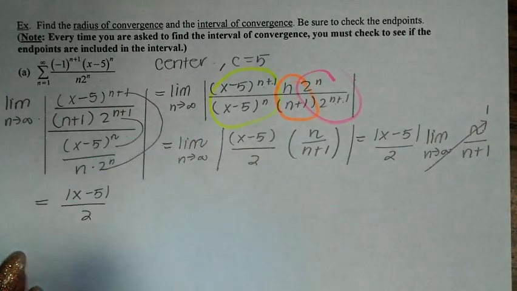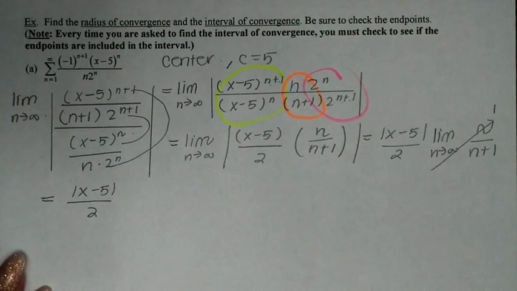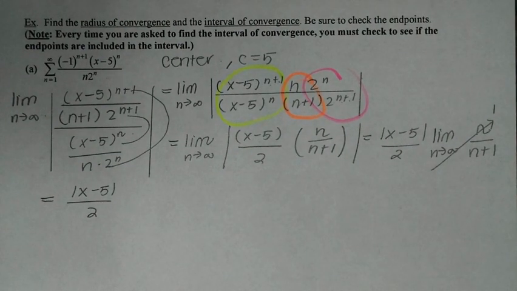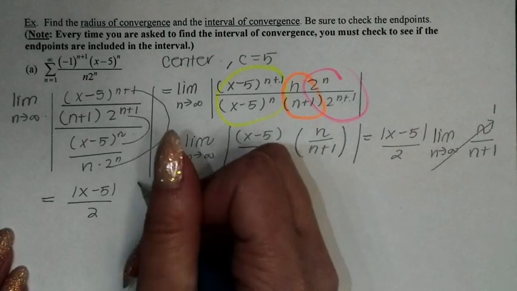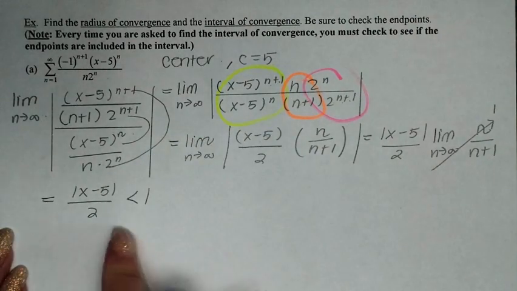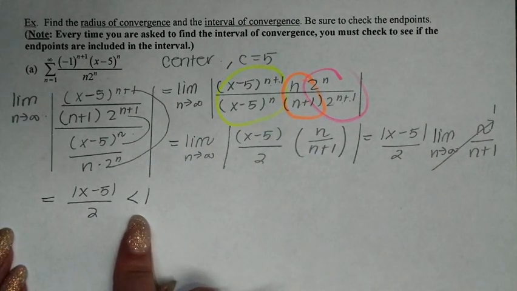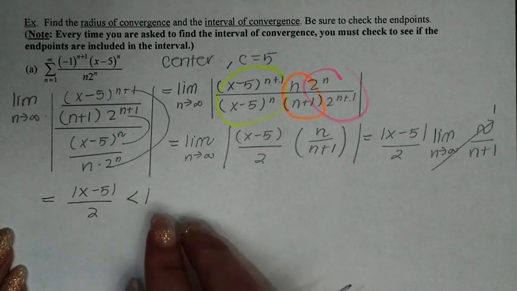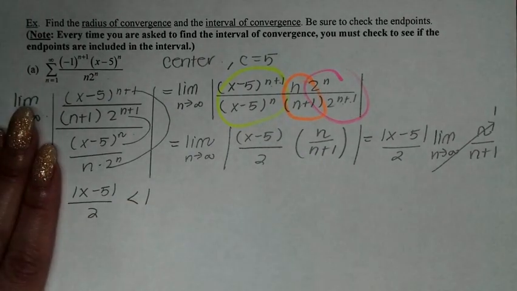So you have this expression, but then you're like, now what should I do? Well, remember, what did we apply? The ratio test. We want to apply it because we want to know when this power series converges. So we know that the condition for the ratio test to converge is when it's less than 1. Therefore, that's why we put this less than 1. Now that we have this, focus only on this piece.